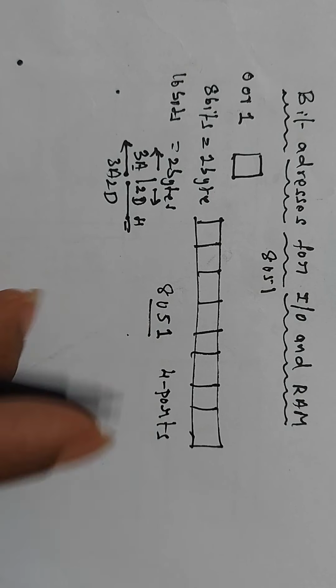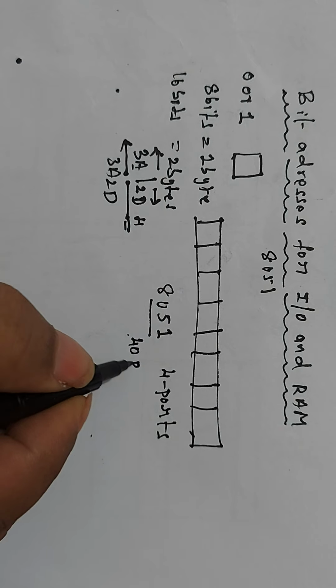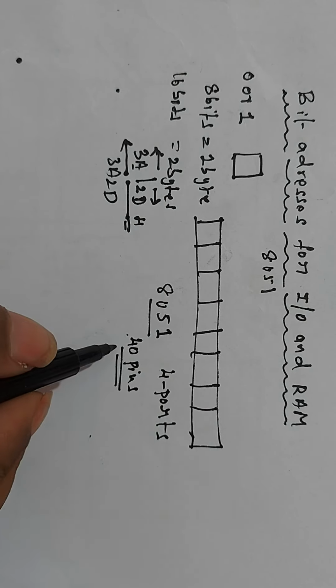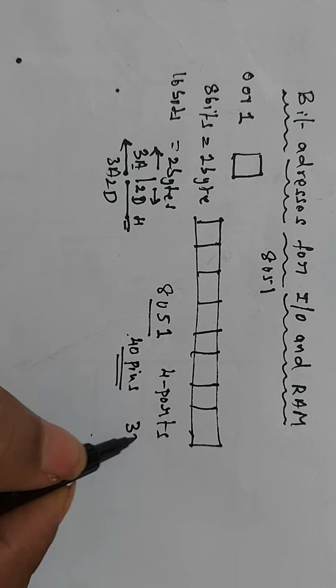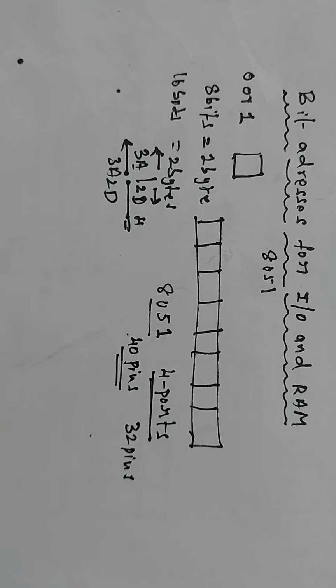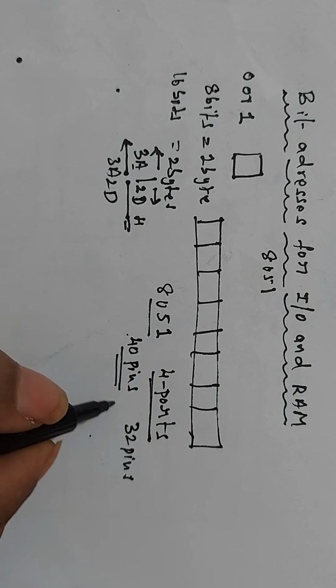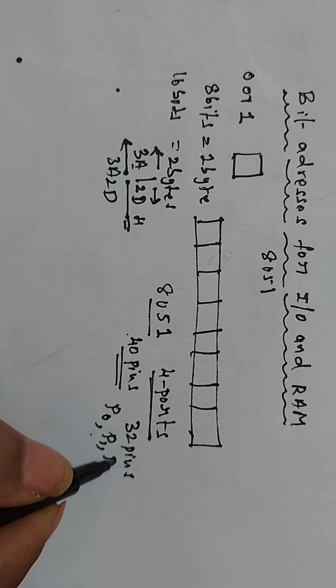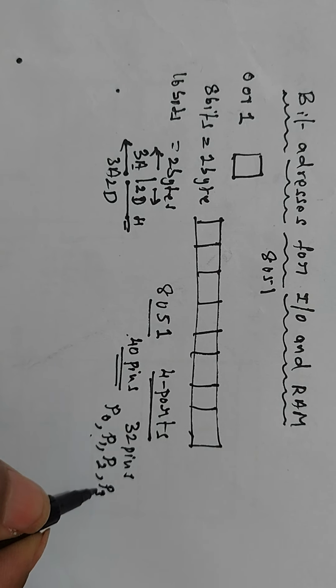So 8051 is a 40 pin IC. Among the 40 pins, 32 pins are used for 4 ports. These ports are represented as port P0, port P1, port P2 and port P3.